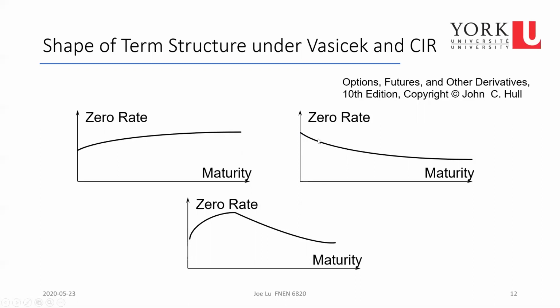This shape is also allowed, so sometimes we have inverted curves, and the Vasicek model allows that as well. The Vasicek model also allows a shape like this, where you go up first and then you go down later. So the Vasicek model does provide certain flexibility in generating the shapes of the term structure of interest rates which we commonly observe in the market.